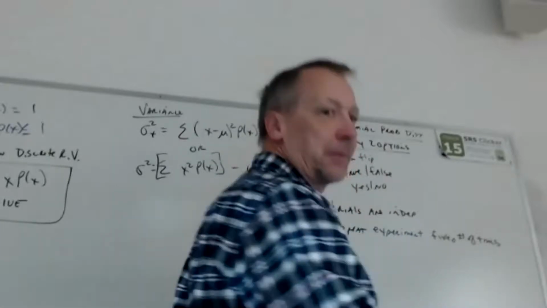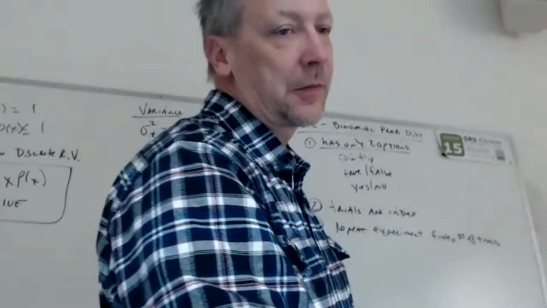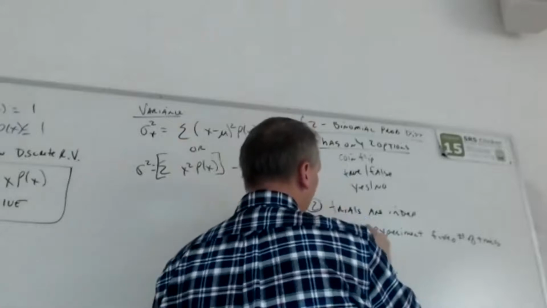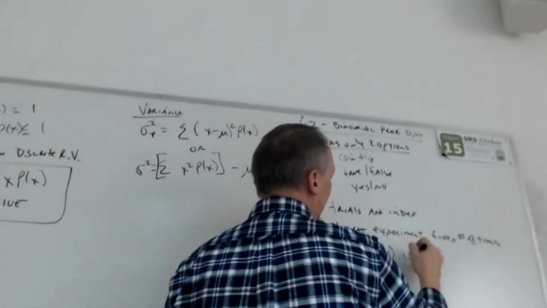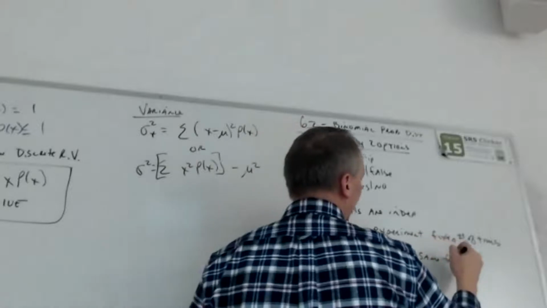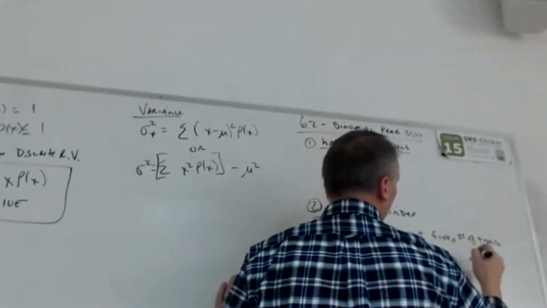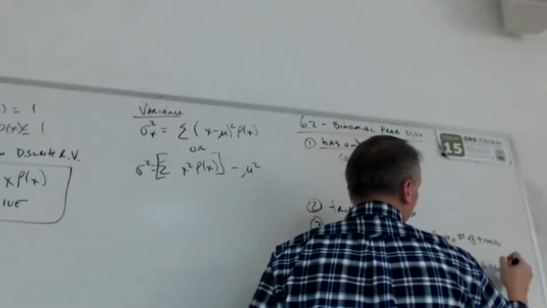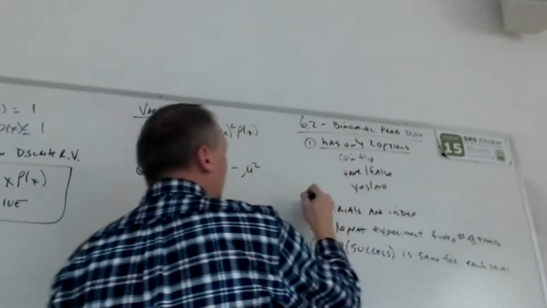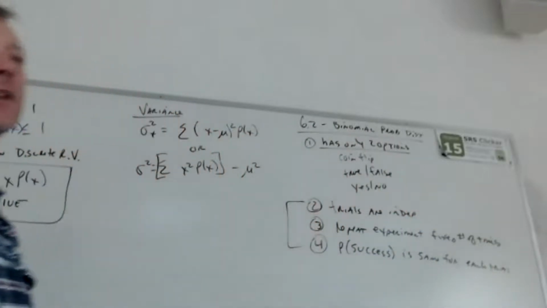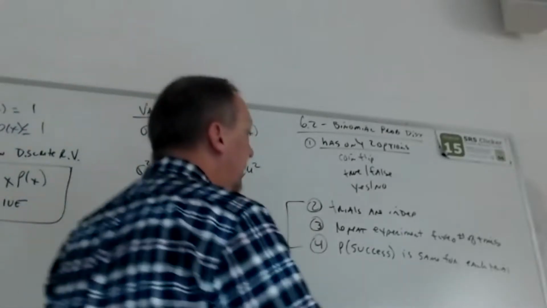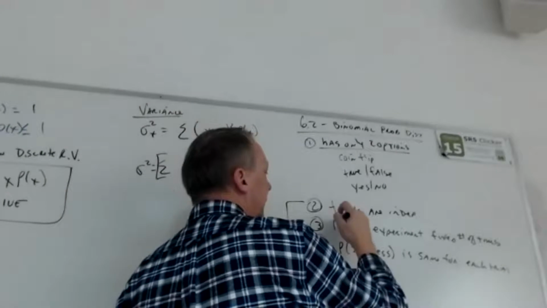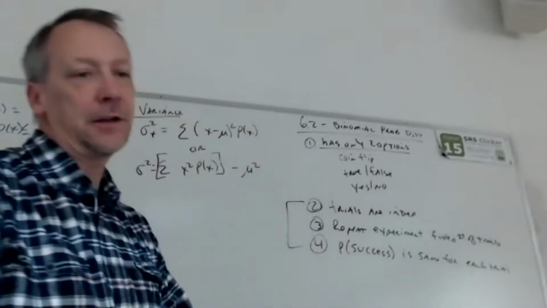And number four, probability of success, define that any way you want, is the same for each trial. It seems to be a repeat because 2 and 4 are basically the same thing. Yes? What was number 3 again? 3 is you're going to repeat the experiment a fixed number of times. Okay?